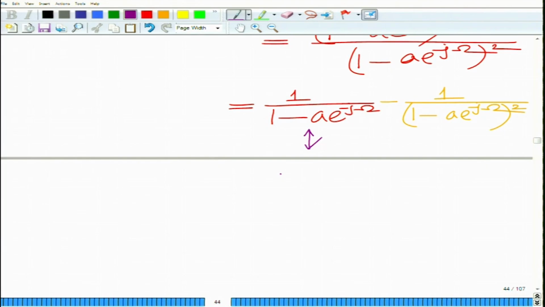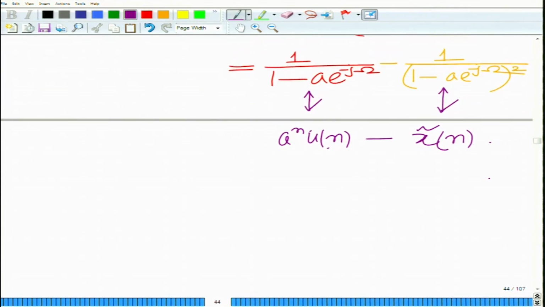The remaining term is the quantity for which we want to find the inverse discrete time Fourier transform. Taking the inverse transform of this, we get a^n u[n], and for the other term, let us call x tilde n the inverse transform of 1 over 1 minus a e^(-j omega) whole square, which is the given DTFT.